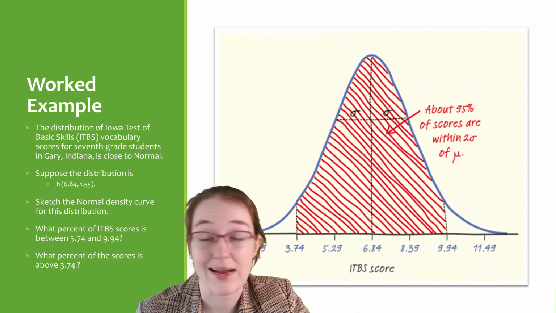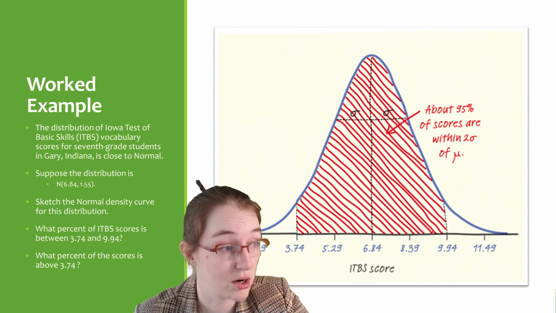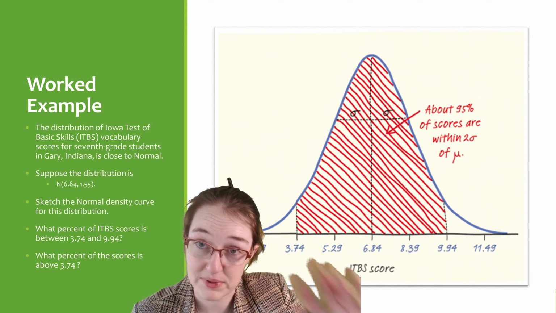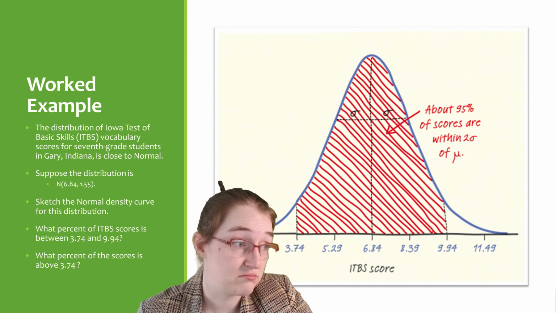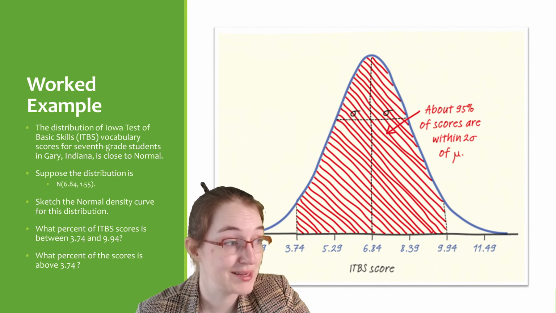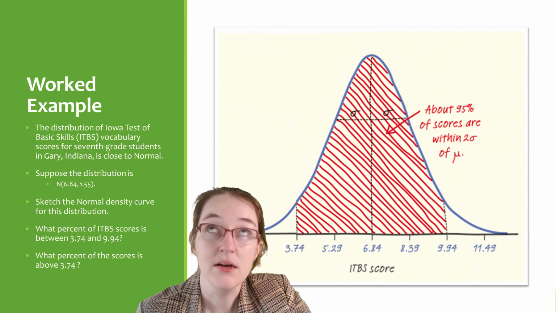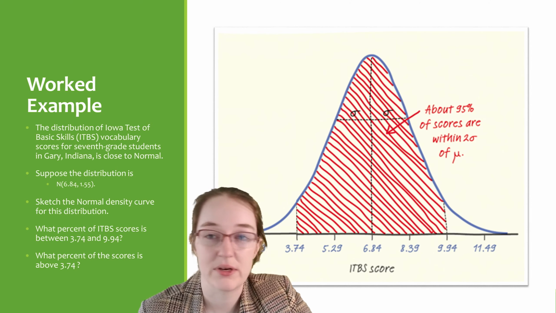Or I can show you. About 95% of our scores are within the red scribble, which captures the ITBS scores between 3.7-ish and 9.9-ish.